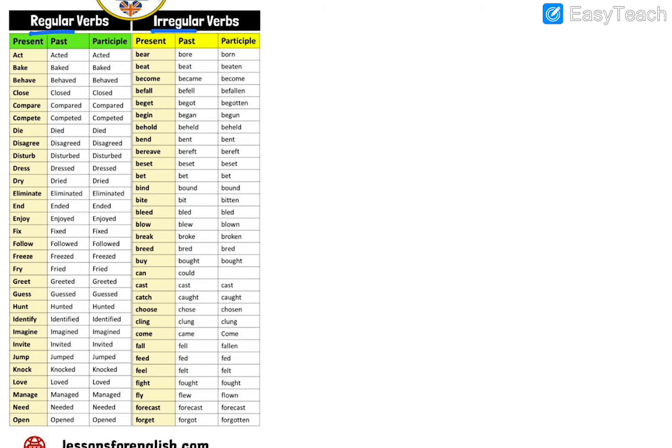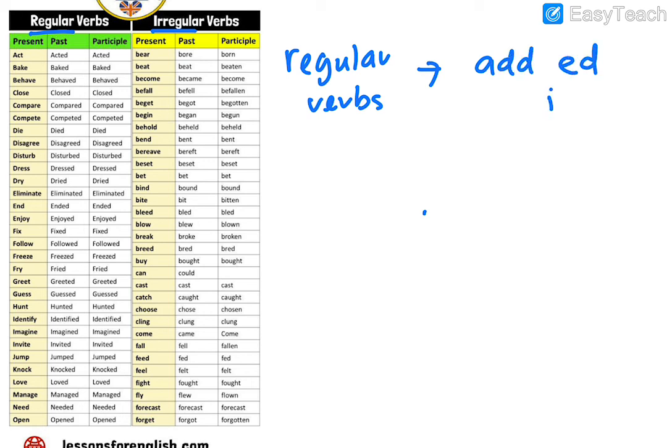So regular verbs, it adds ed or ied at the back of its words. For example, act to acted.